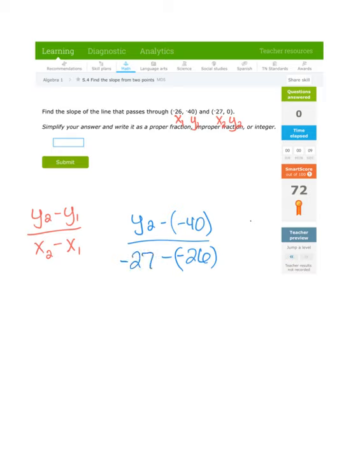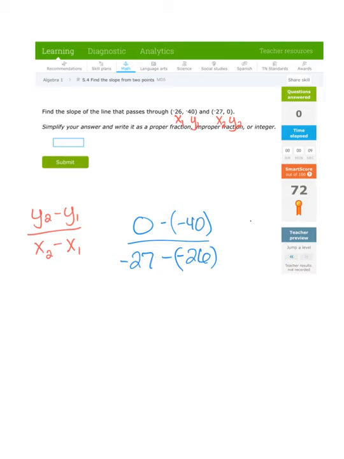And then my y sub 2 can be replaced with, what is my y sub 2? 0. Now it's really important to realize that the y sub 2 minus y sub 1, the minus sign stays there.